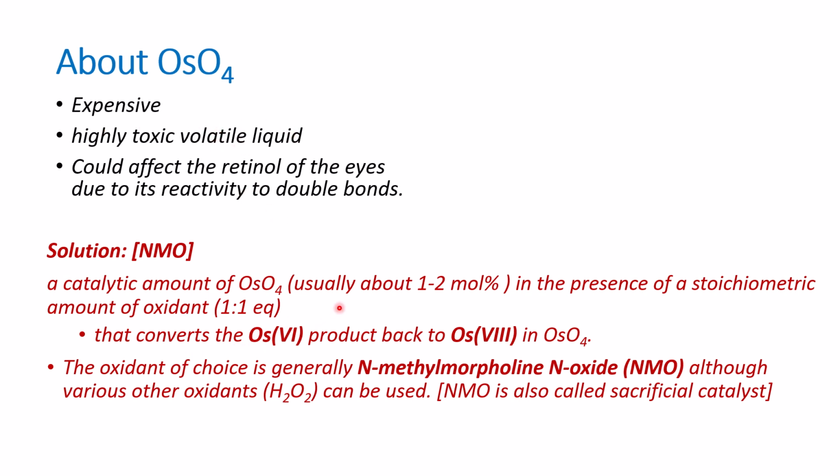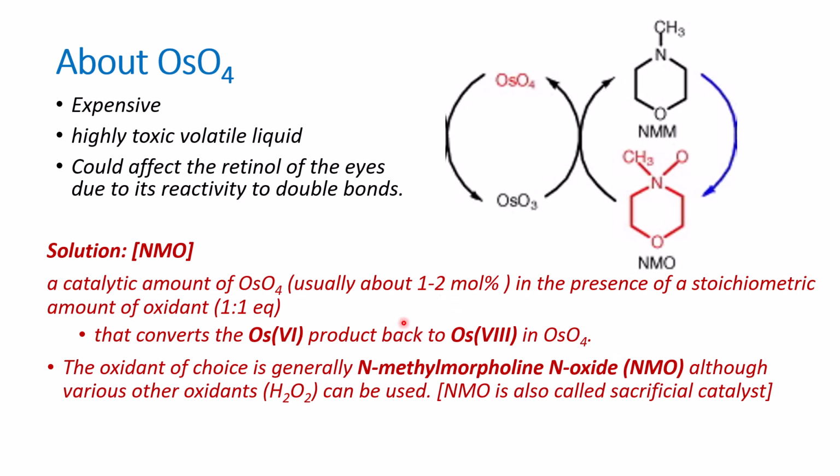The catalytic amount requires only 1 to 2 mole percentage, and then it is taken along with stoichiometric amounts of a reagent which is a co-oxidant. This co-oxidant will not oxidize the alkene, it will only oxidize osmium 6 to osmium 8. The co-oxidant that is used is N-methyl morpholine N-oxide. N-methyl morpholine N-oxide's work is to convert the osmium trioxide that is formed back to osmium tetroxide.